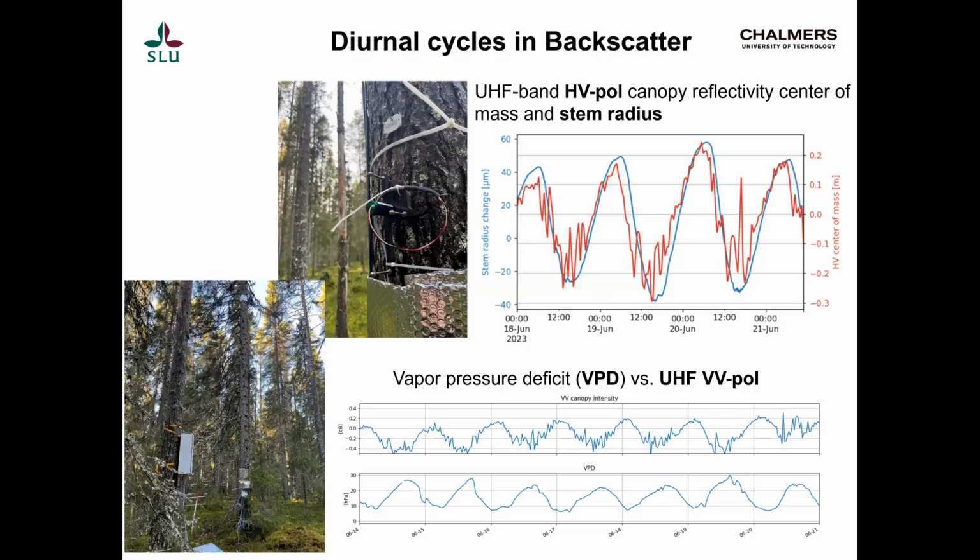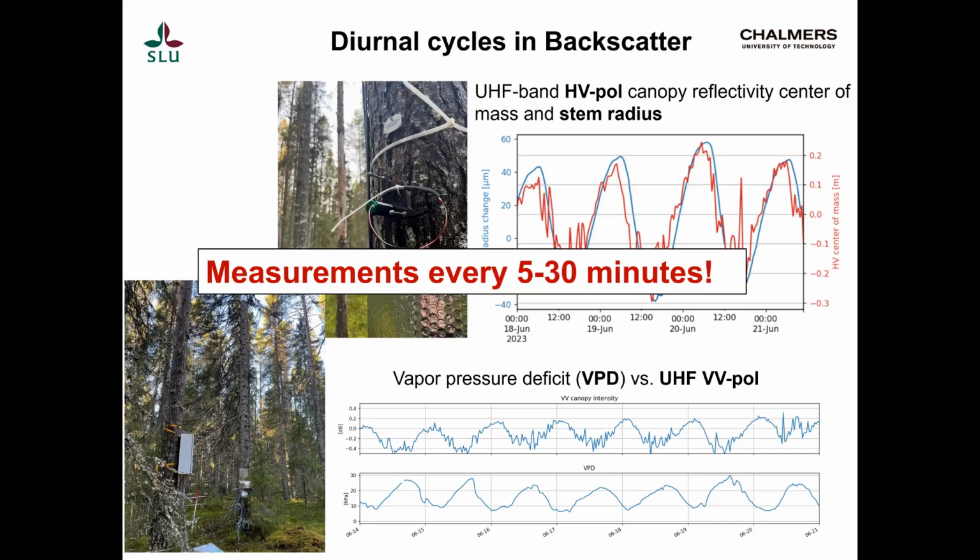And this is a non-destructive way of measuring these things. That is the nice part, and we can do it for a large area, for many trees, in a very short time. We are doing these measurements approximately every 5 to 30 minutes, depending on what frequency we're speaking about, 24/7. So we have a lot of data for a long time series.